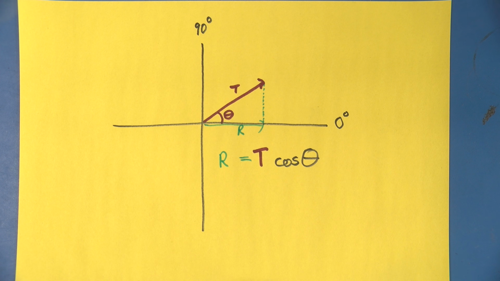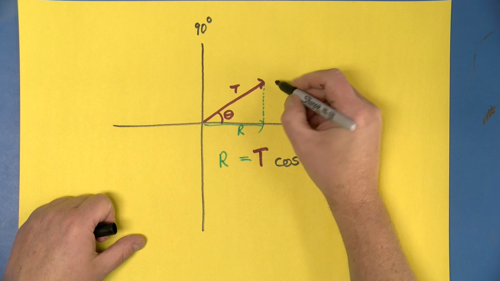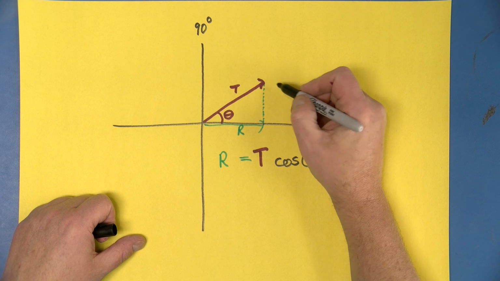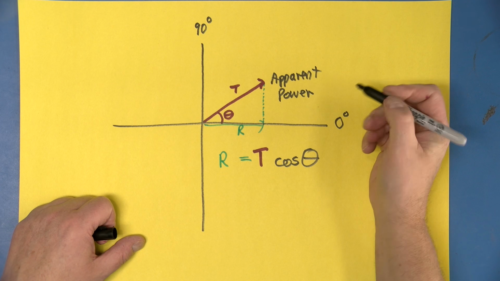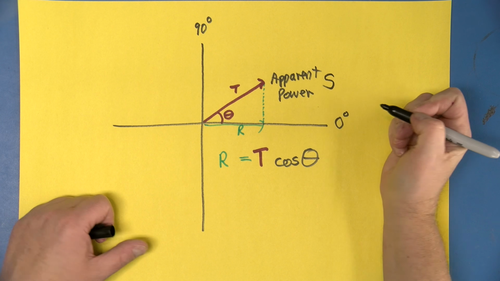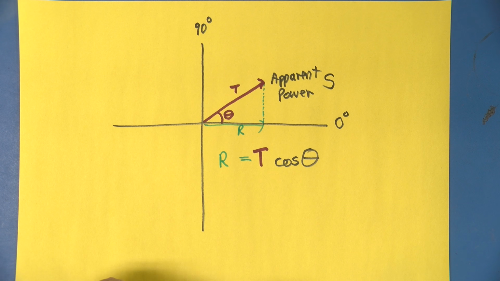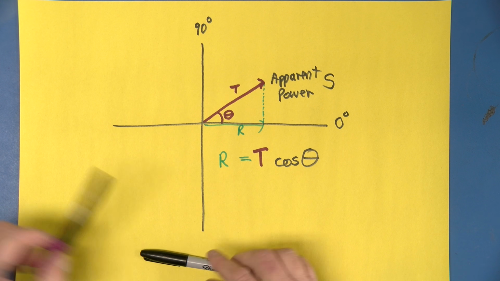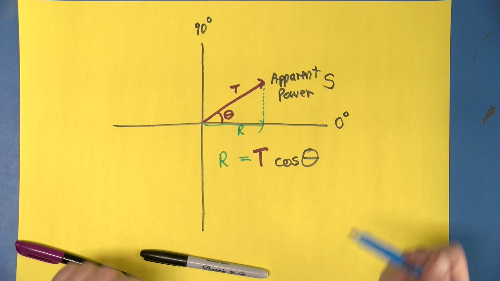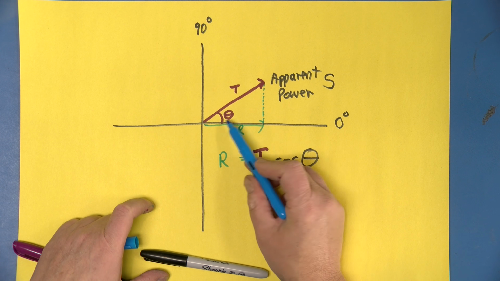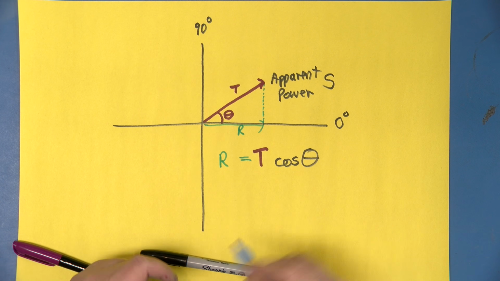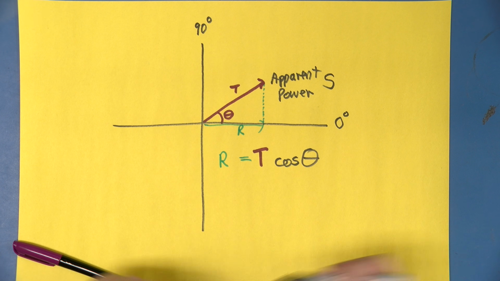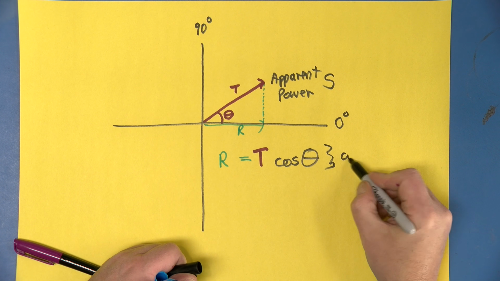And so we can give those things names. We usually call the apparent power, the total power, real plus reactive, S for some reason. And we also tend to call the real power P. So maybe I should make a note here. This is current.